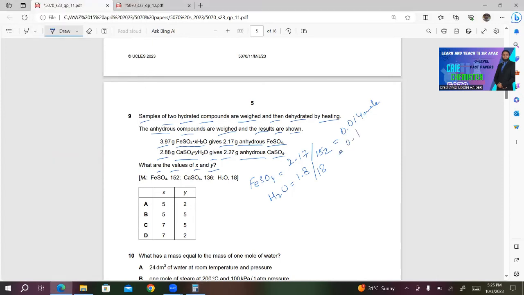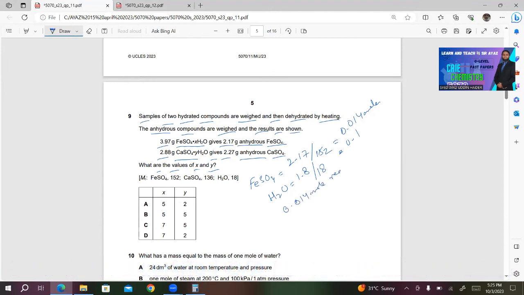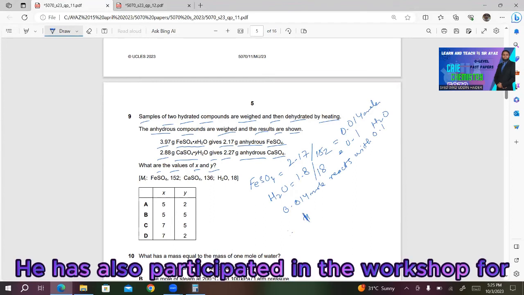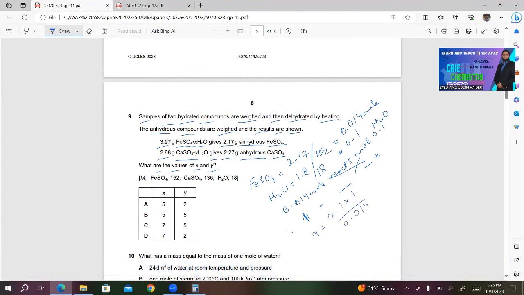So for FeSO4, 0.014 mole reacts with 0.1 mole of H2O. Therefore, 1 mole reacts with X. So X is equal to 0.1 multiplied by 1 divided by 0.014.